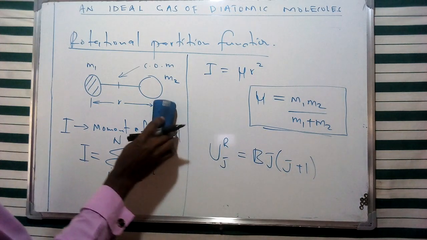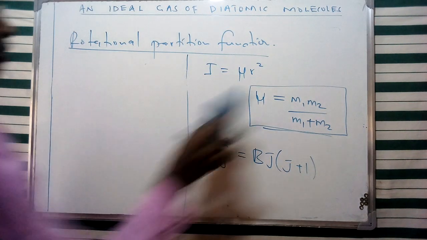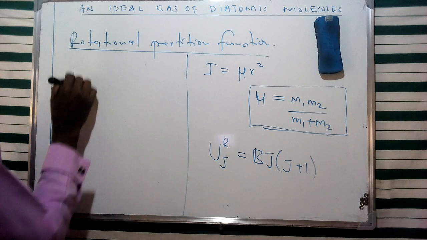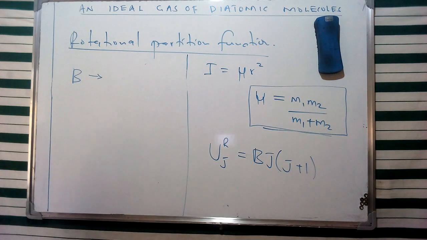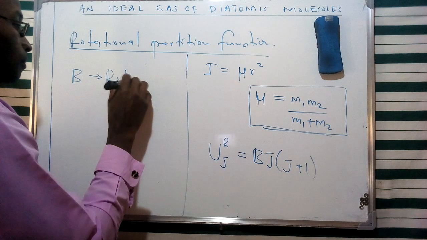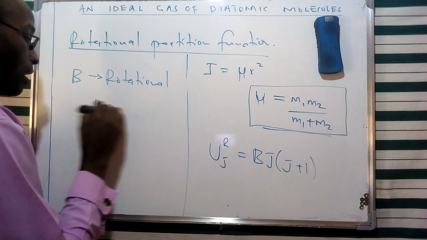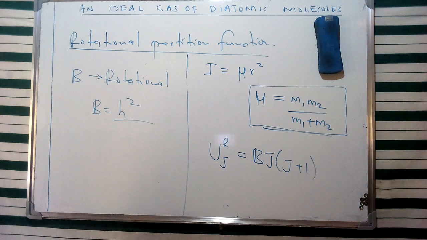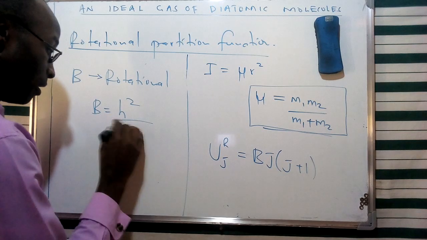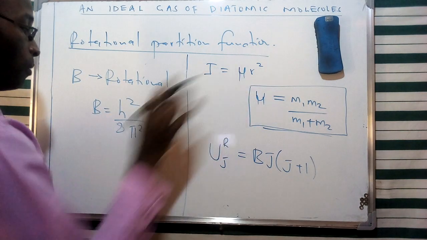And we can give this specific Schrodinger's equation meaning by trying to have this particular component of B, which is a rotational constant. And this rotational constant is a ratio between the square of Planck's constant and the product of 8 pi squared times the moment of inertia, which we have obtained from this.